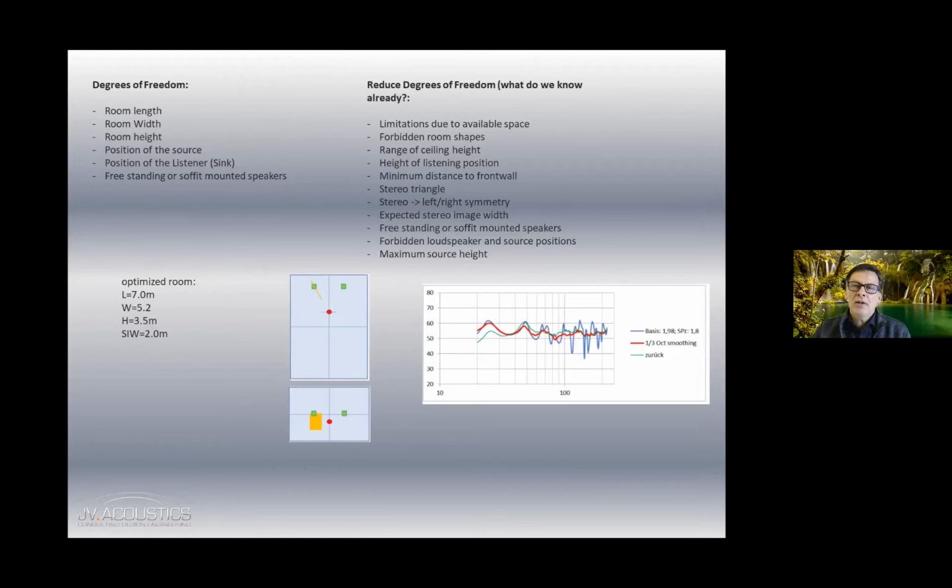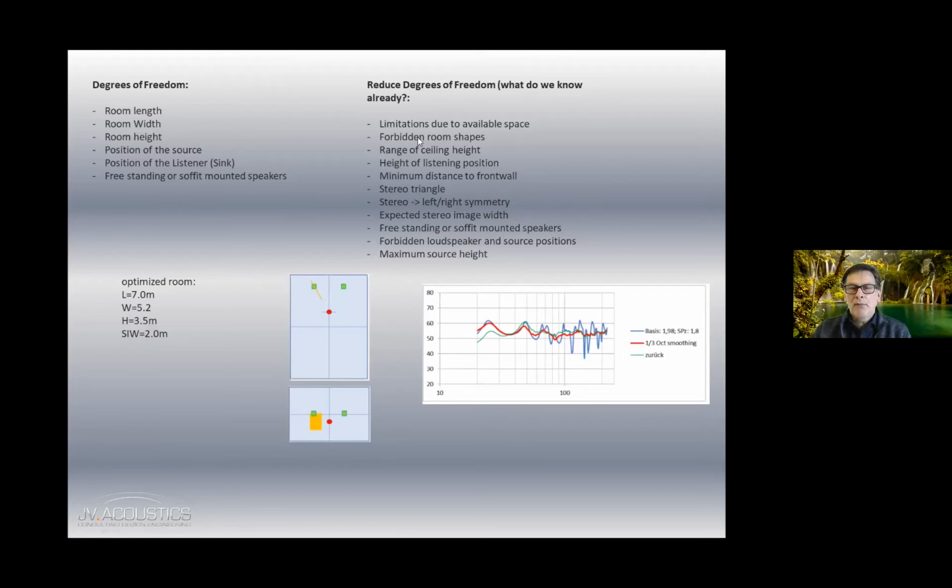So the next step would be to reduce these degrees of freedom. The question is, what do we know about that room? We nearly always have limitations due to available space, so ceiling height, for example.